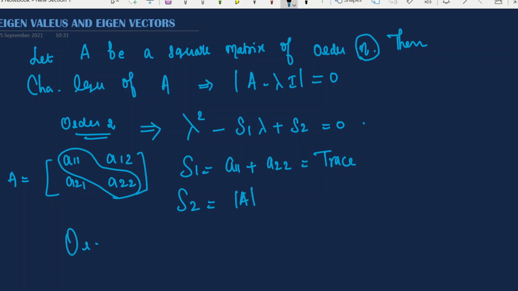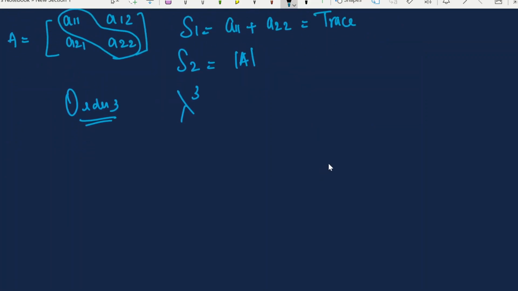Similarly for order 3, the equation will become a cubic polynomial or cubic equation. Now the equation is lambda cube minus S1 lambda square plus S2 lambda minus S3 equals 0. So here S1 is the same thing.